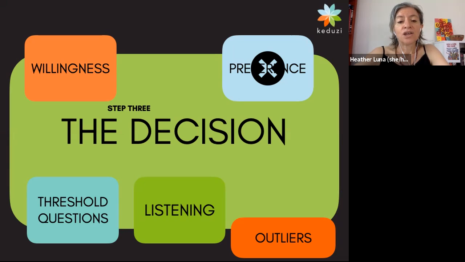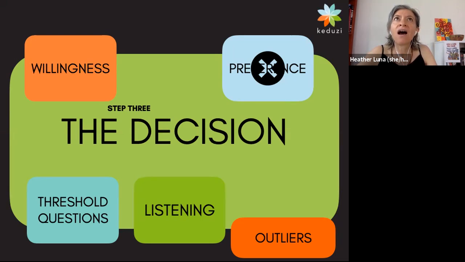And if people feel heard, then they're more likely to go along with whatever decision has been made. And so this is crucial to the whole process. This is about us connecting with one another, being able to listen to one another.